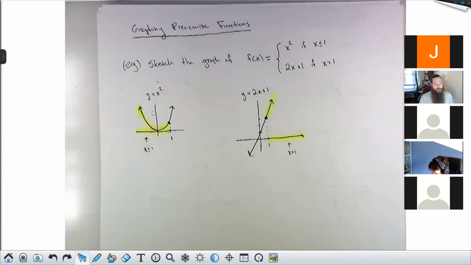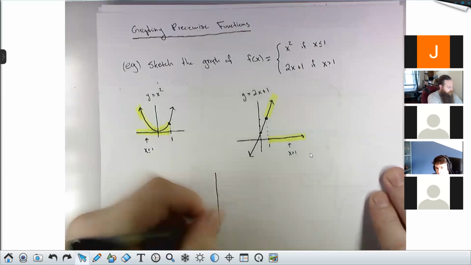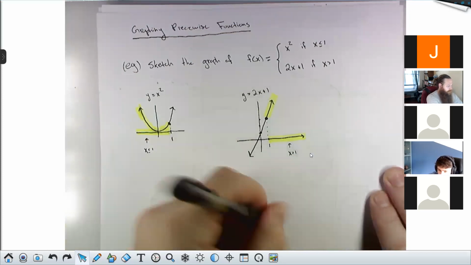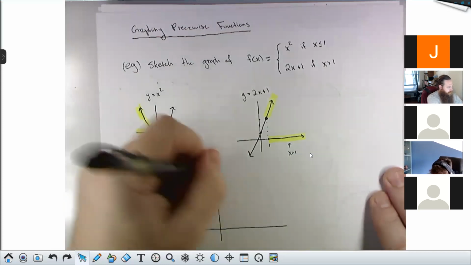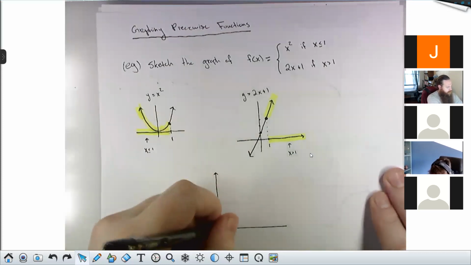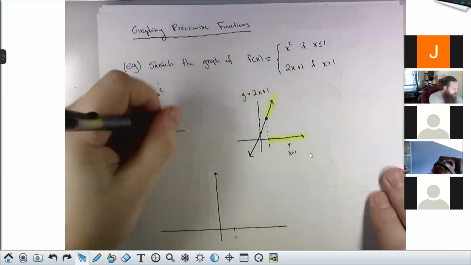So now I take the highlighted portion here and the highlighted portion here, and I glue those pieces together, and that will give me the graph of my piecewise function. The y value at this point is 1, right?